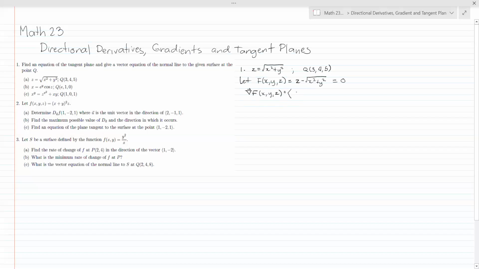So ano yung partial x dito? Negative 1 over 2 square root of x squared plus y squared. And then by chain rule, 2x sa numerator. Here, similarly, this is 2y over 2 square root of x squared plus y squared. And then, sa z naman, partial z is just 1.